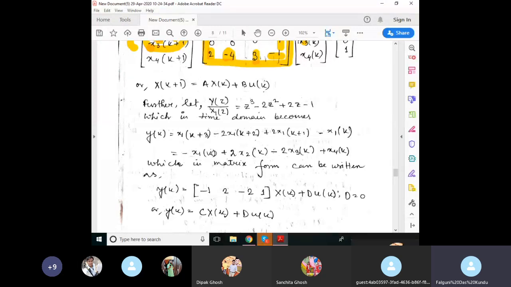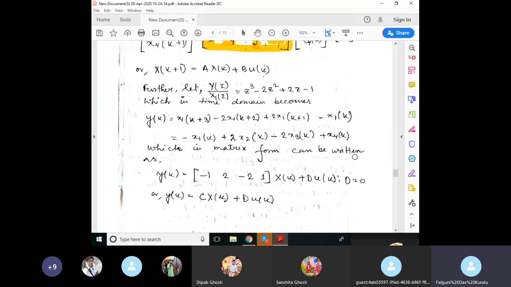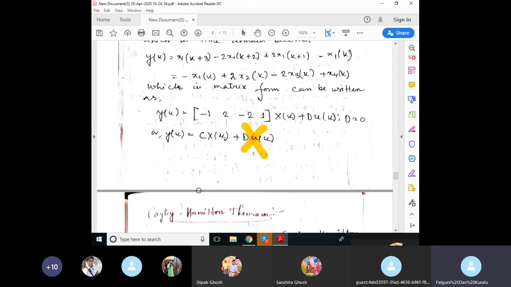Now we already know that, so this means minus x1k plus 2 x2k minus 2 x3k plus x4k. Okay, so from here we get the output matrix yk equals minus 1 2 minus 2 1 times xk. Okay, so y is nothing but C of xk plus D of uk. Here we know that D equals 0, so we can eliminate D of uk.